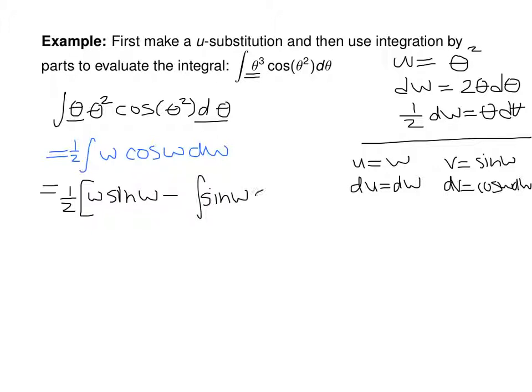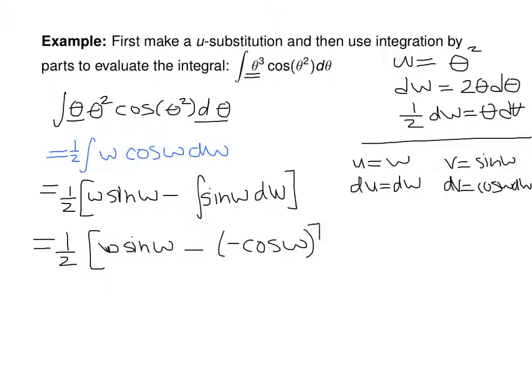So we have 1/2 multiplied by uv, so w sine w, minus the integral of v du, which is sine of w dw. So that's 1/2 w sine w minus the antiderivative of sine, which is negative cosine, plus c.